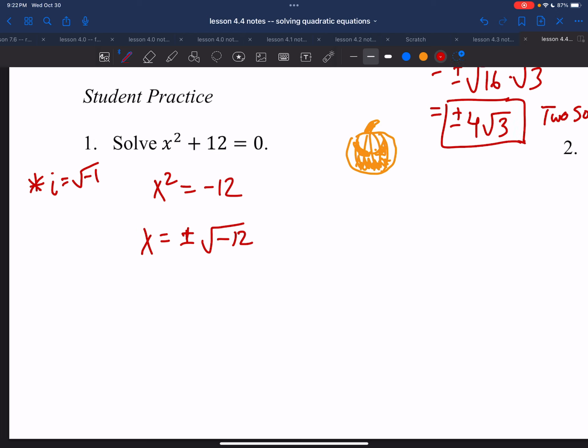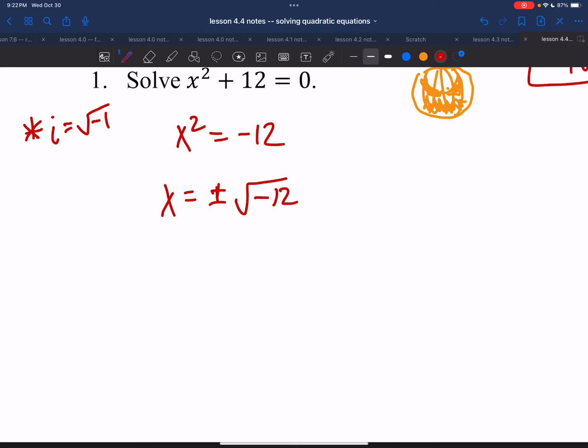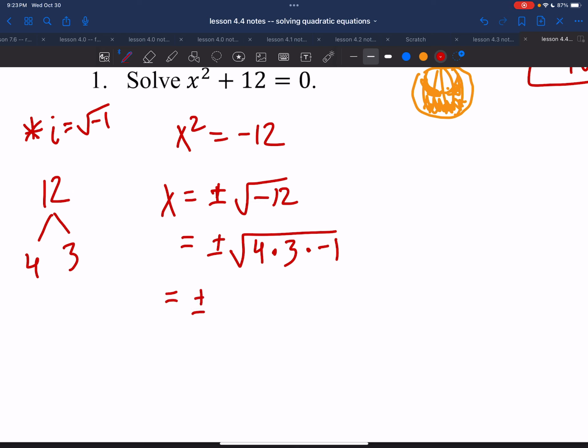So when you simplify the square root of negative 12, well, you can do your little factor tree where 12 is 4 times 3, and 4 is a perfect square. So you can say plus or minus the square root, and then here's how I'm going to do this. The square root of 4 times 3 gets you 12, times negative 1 makes negative 12. And then you could separate each of these radicals up.